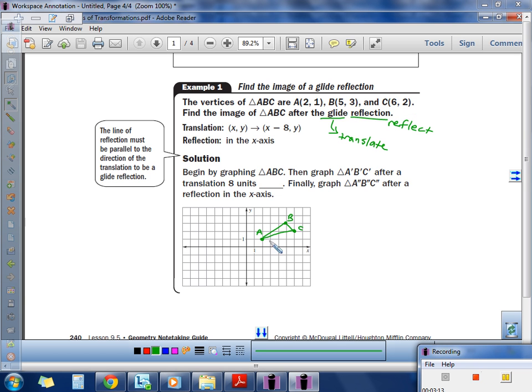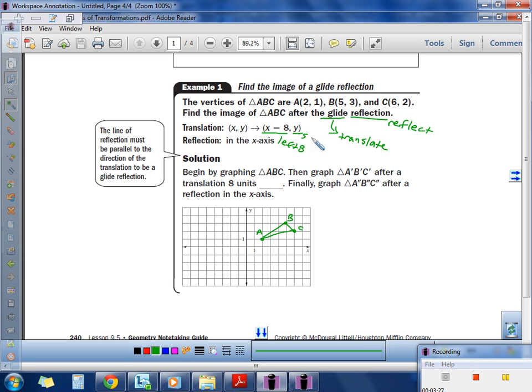After you graph your shape, you then need to think about the translation first. So it gives you this notation. We can call it translation or transformation notation. So if this is translation notation, what does this part mean? X minus 8. What does that mean in English? It means left 8. And what does the Y, just plain old Y, mean?